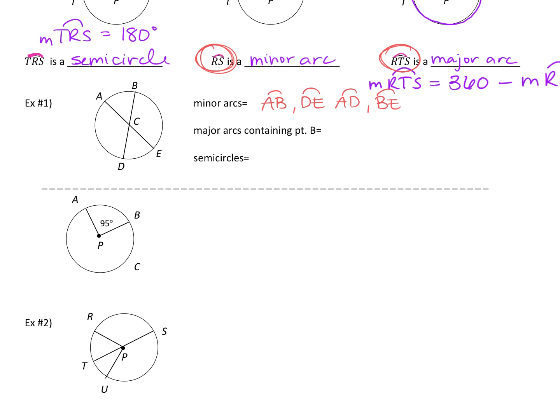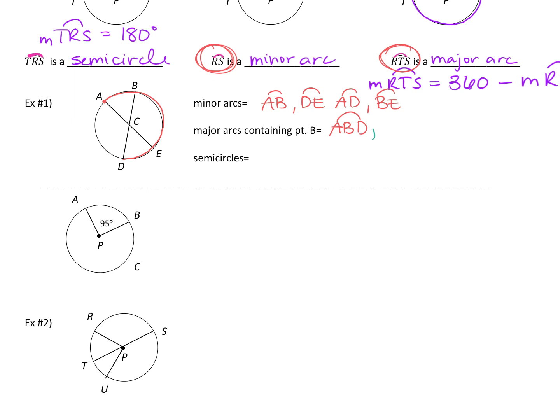So if I'm going to name a major arc that has point B in it, what would that be? Did I hear ABD? Yeah, ABD would be one. Right? So I start at A, I go through B all the way around to D. That's more than a semicircle, okay? Has B in it, arc ABD.